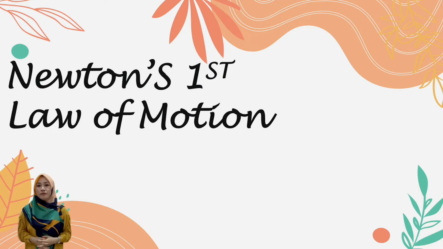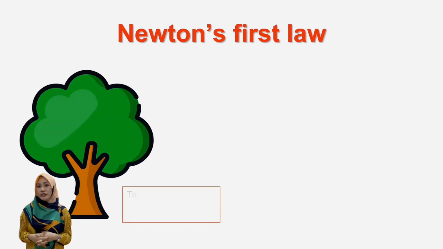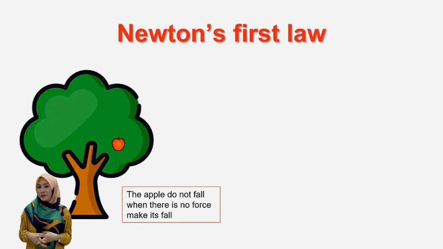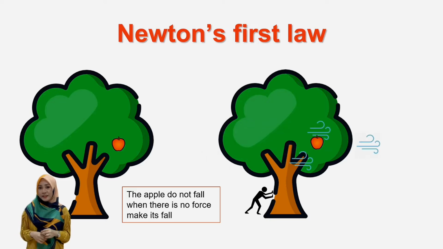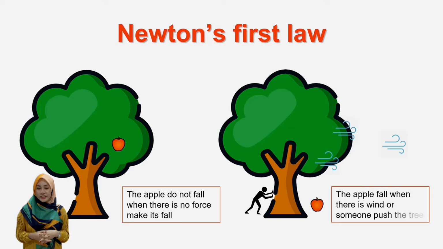Newton's first law of motion. Have you ever wondered why the apple on the tree does not fall to the ground like in this image? The apple does not fall when there is no force to make it fall. So, how to make it fall? The apple will fall when there is wind or something pushes the tree.